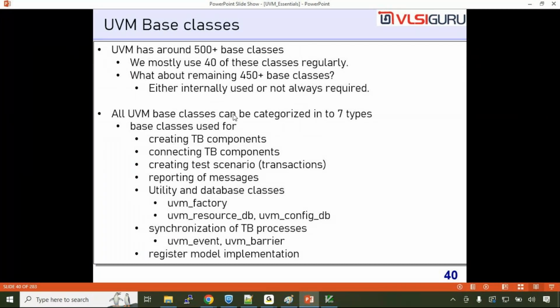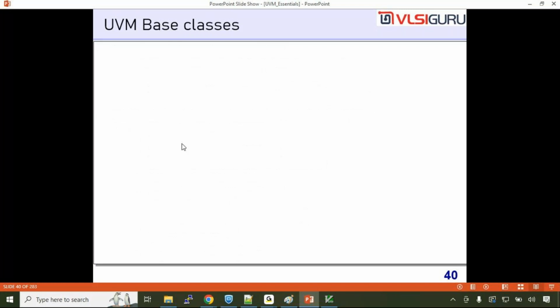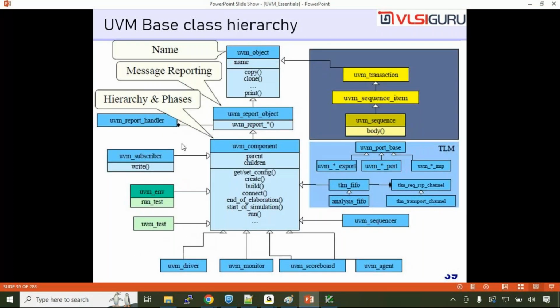All UVM base classes can be categorized into 7 to 8 categories. They can be classified into at least 7 to 8 categories. What are those categories? Components which are used for test bench component development. Let's write it.